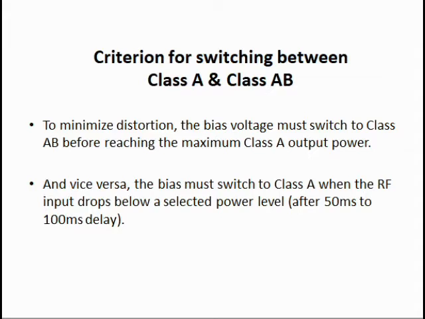We want to switch out of Class A into Class AB before we get distortion, and vice versa. When the signal level drops below a threshold, we want to switch back to Class A to minimize power dissipation. This is typically after 50 to 100 milliseconds of input below our detection threshold.